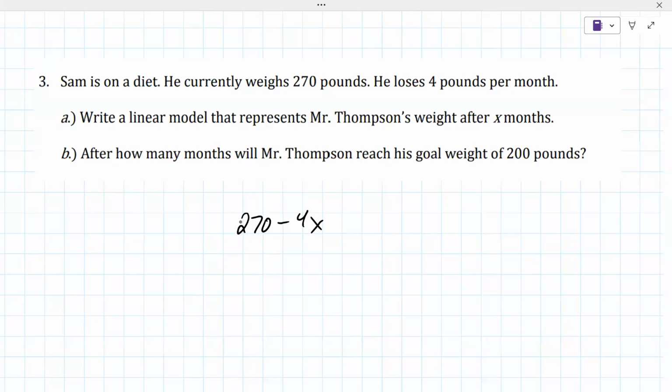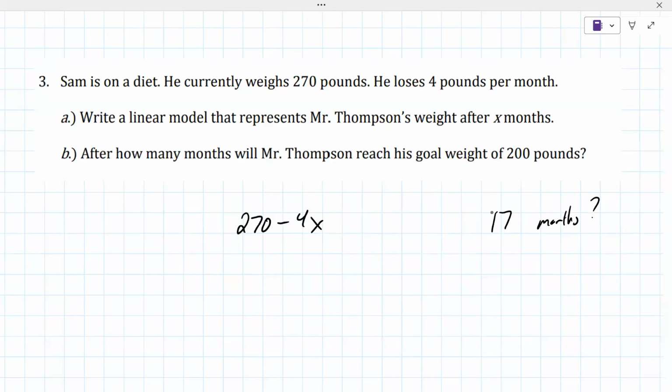Around 17 to 18 months. If it's 17 months, is that enough?